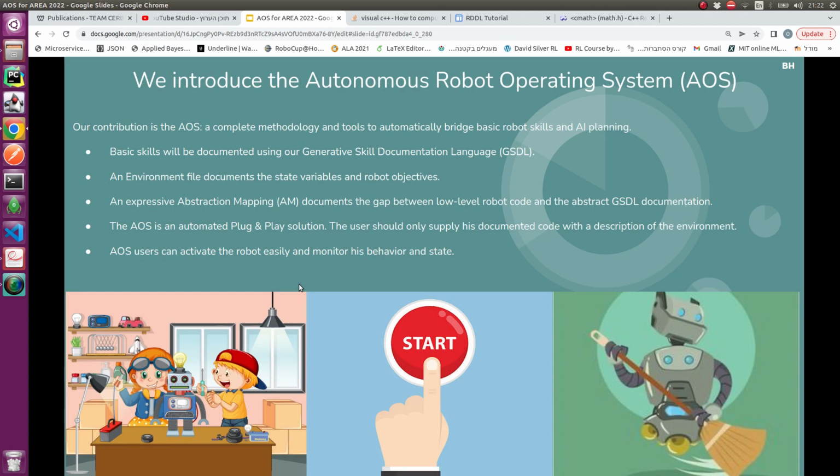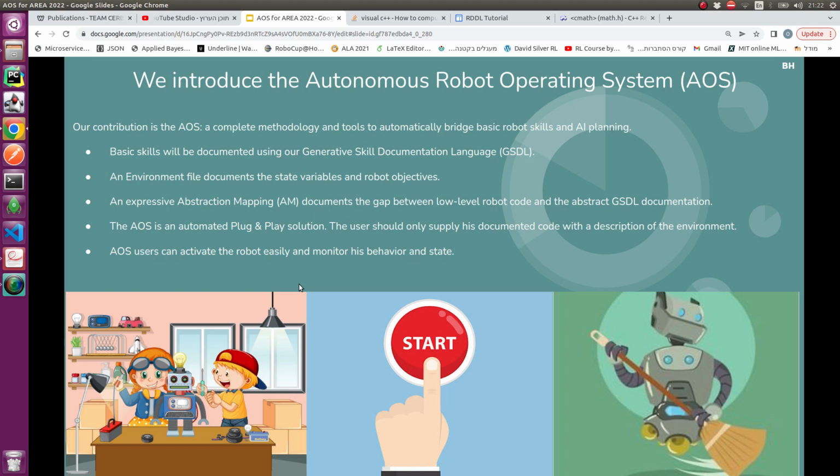What we introduce: our contribution is the AOS. The AOS is a complete methodology and tools to automatically bridge basic robot skills and AI planning. The basic skills will be documented using our GSDL, generative skill documentation language. This is our action description language that uses the power of C++, so it's very expressive.